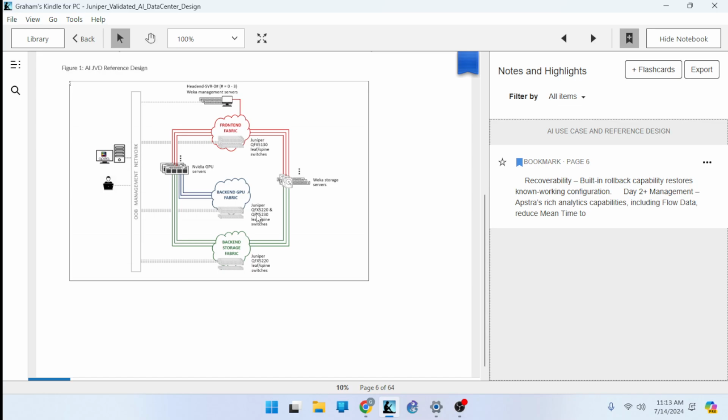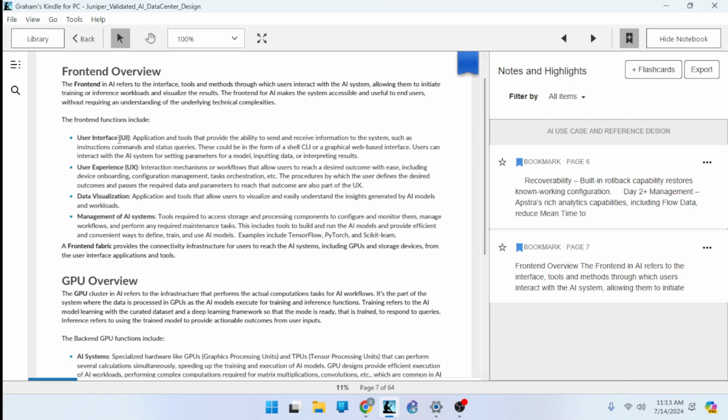It runs off of QFX leaf and spine switches, but different kinds. And then we've got another QFX, this is a 5220. 5230 is only for the GPU fabric. But we've also got storage fabric. So that's interesting. And then out of band management network, and looks like Apstra is some sort of application to manage all that.